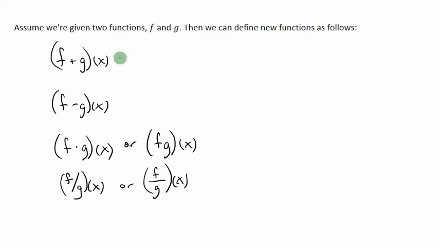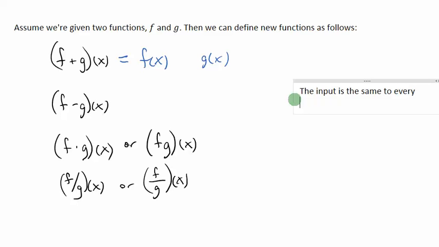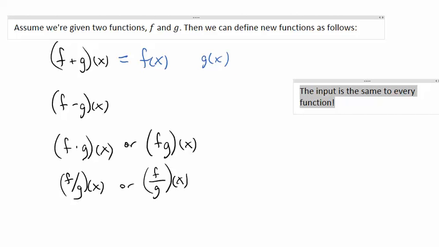The first one is, as we said before, you feed x to the f machine, you feed x to the g machine, so the input is the same. The input is the same to every function here, so that's important. So I'll highlight that in yellow, and I'll illustrate here what I mean.